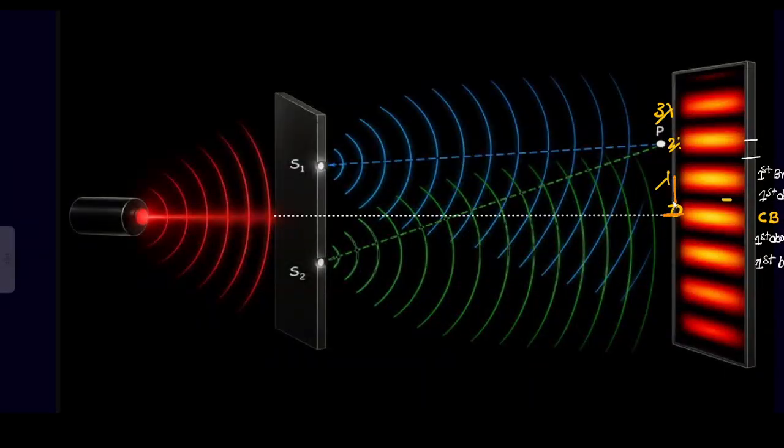There is a gap between these two. That gap is called the fringe width. The gap between two successive brights is called the fringe width.